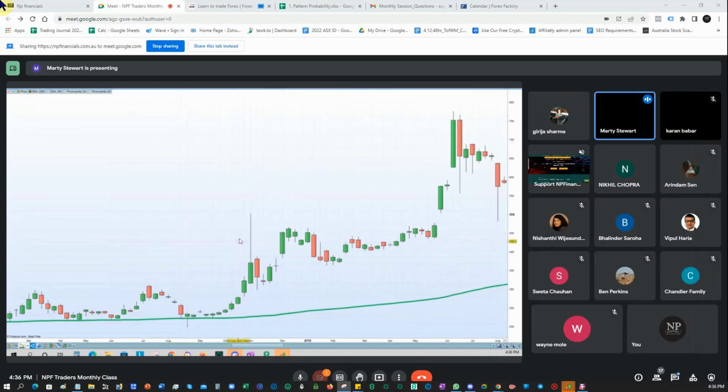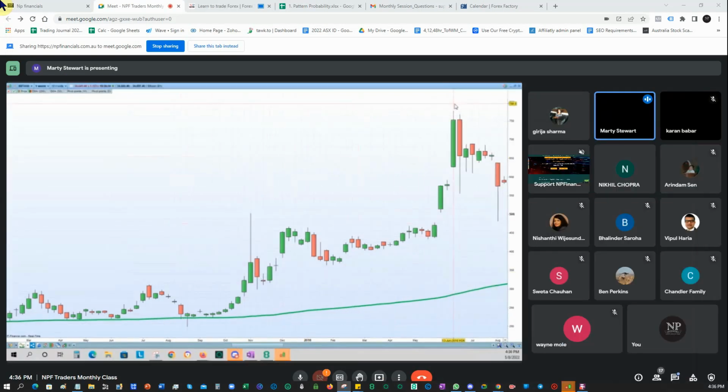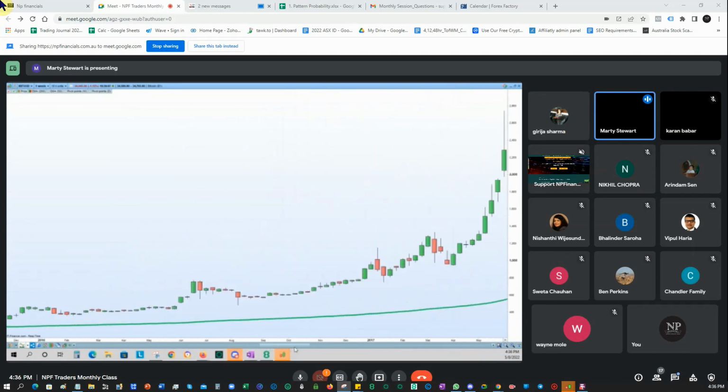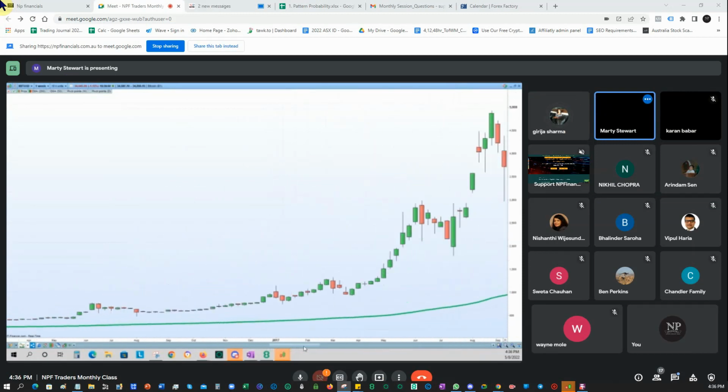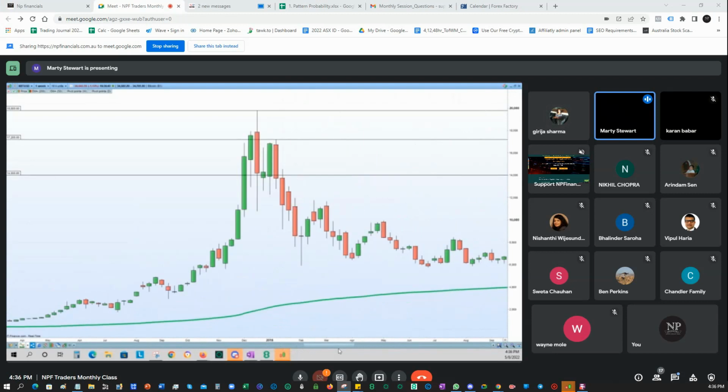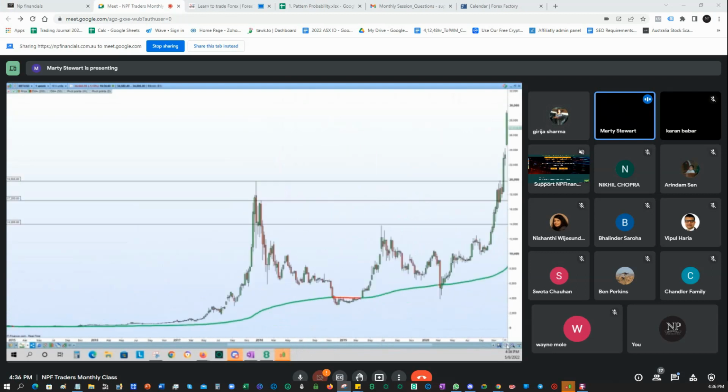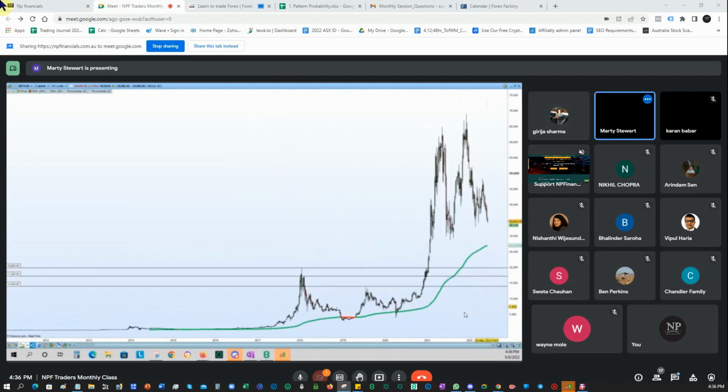So when we see 5 waves up, we will label that as a 1, and that will be our initial impulse move. Okay, so Bitcoin was pretty simple. I will make my chart smaller to demonstrate.